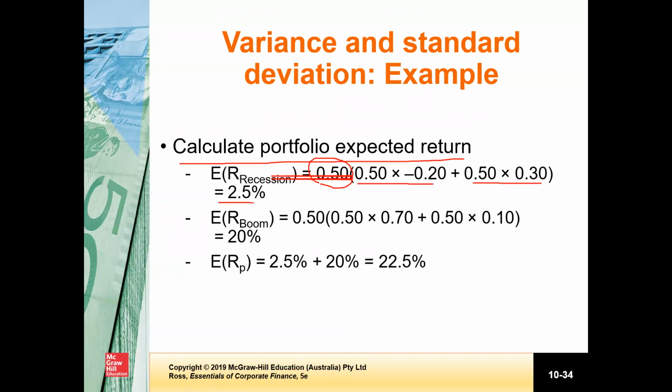We see that the expected return in recession is 25%, and similarly we find the expected return in boom is 20%. Don't forget that these expected returns in each state consider the weights and the corresponding returns in different states. The expected return of the portfolio is 22.5%. So this is how we calculate the expected return of a portfolio. The expected return is essentially the weighted average of individual returns.